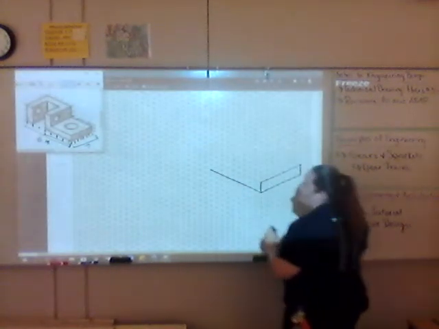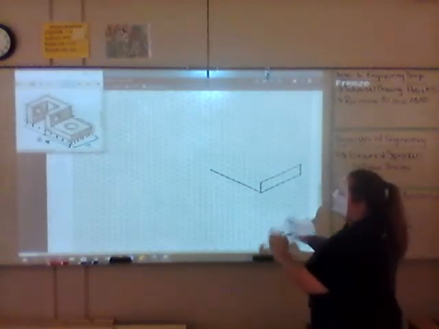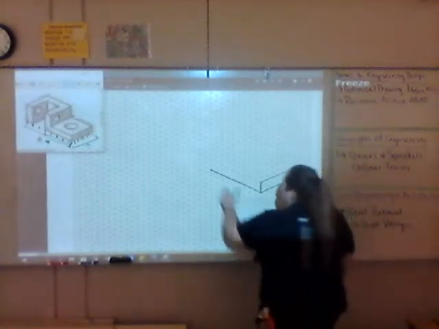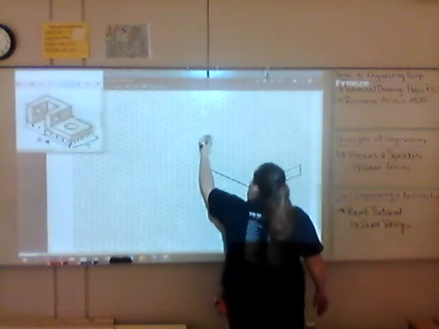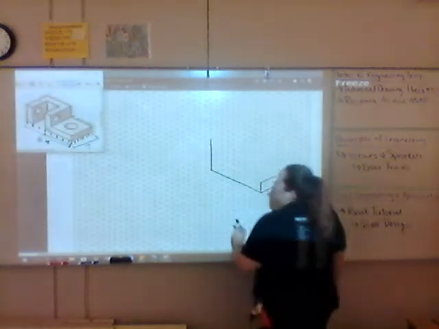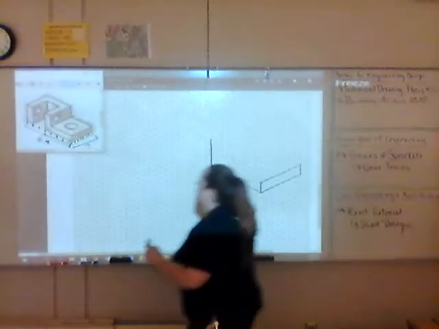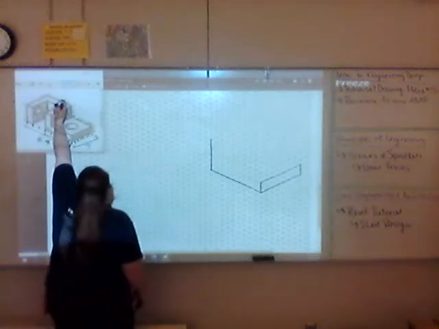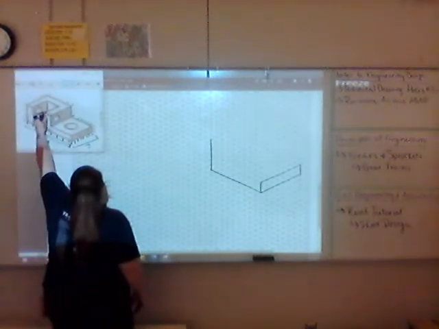Then we have that top portion, which goes up 6. So that's 2, 4, 6 right here. And we know that, so we can assume from this back here that this space right here is 2.